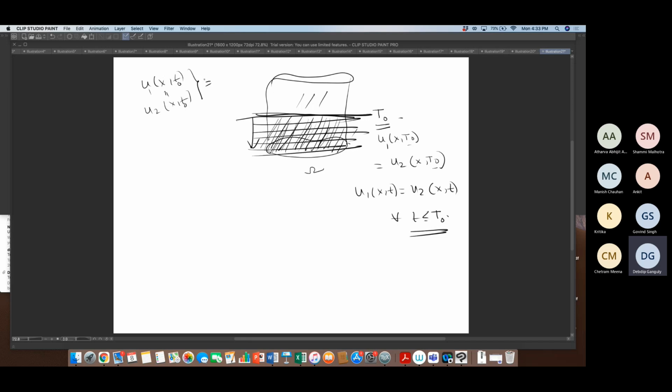This implies u1 of (x,t) will be equal to u2 of (x,t) for all t less than or equal to t naught. Is that clear? Yes, sir.